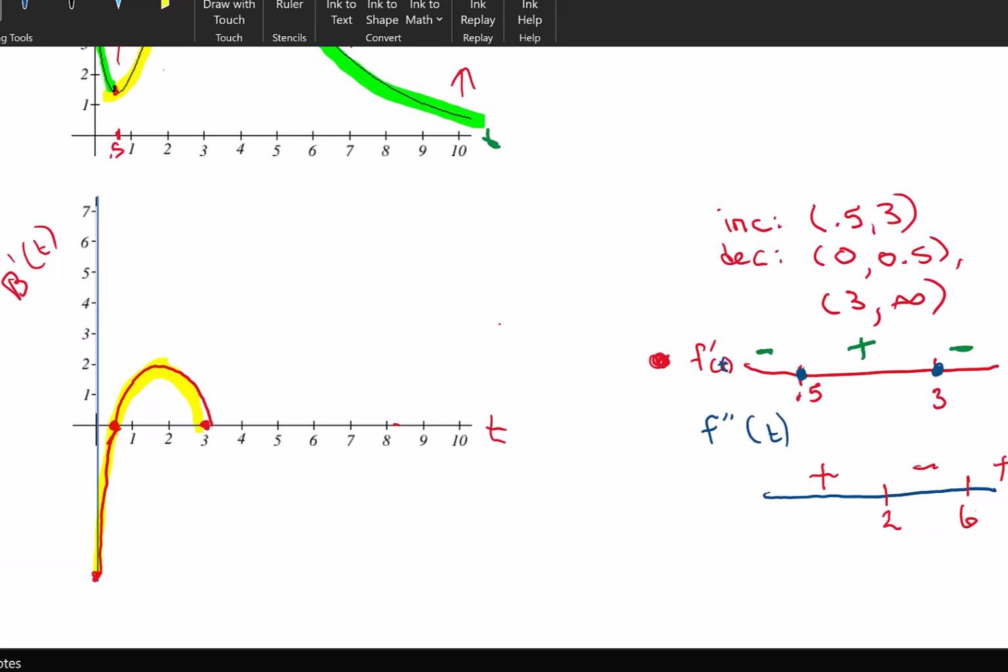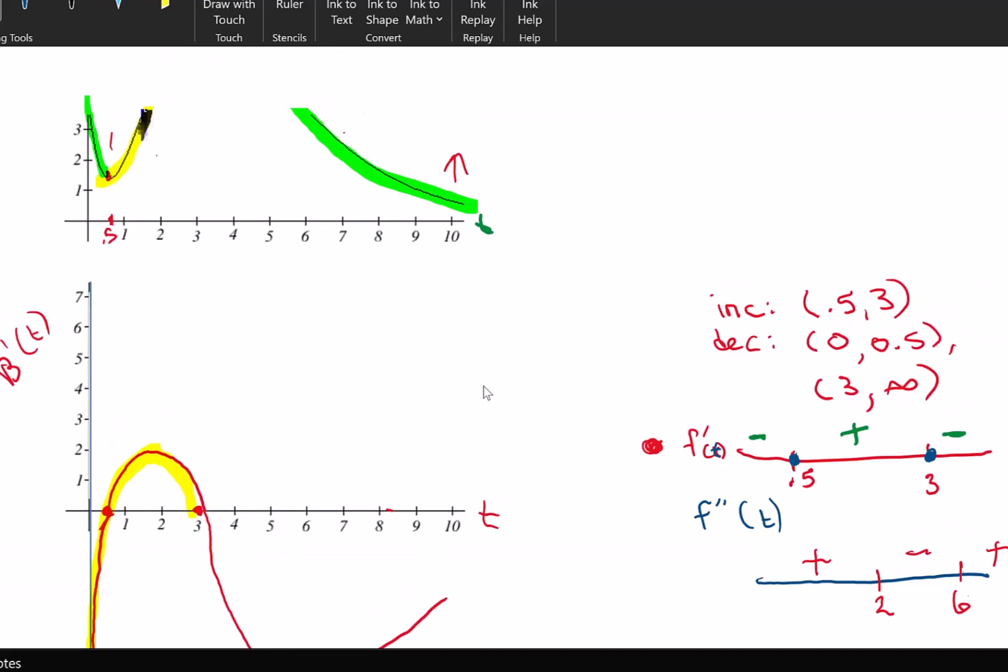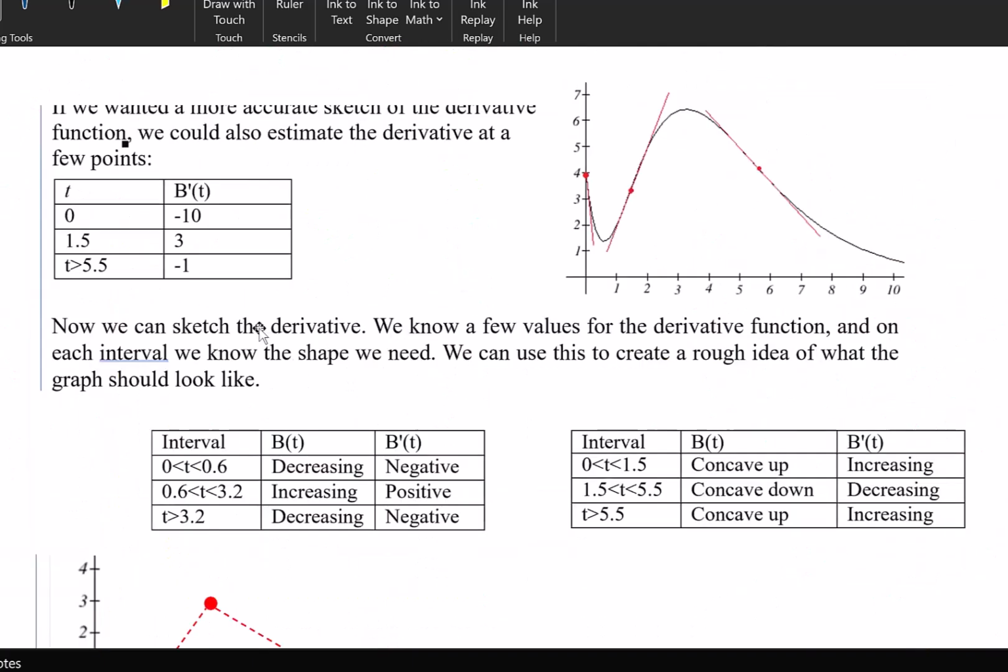From 3 to infinity, it's negative. And it's going to be concave down. And then it's going to be concave down till it gets to 6, at which point it's going to start being concave up, which is why it's getting smaller. This is a graph that you can say is a graph of the derivative of this.